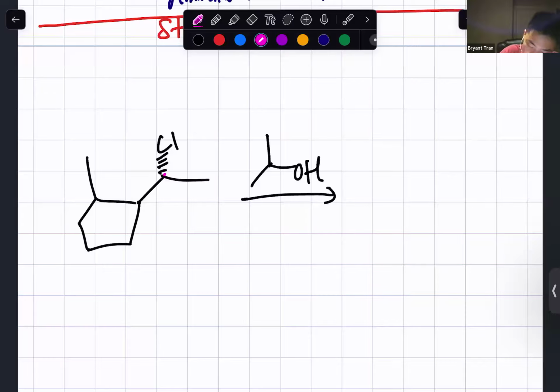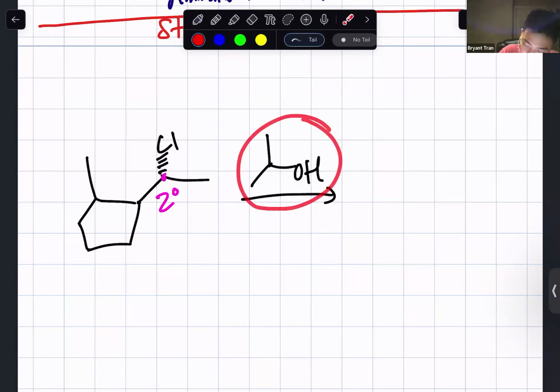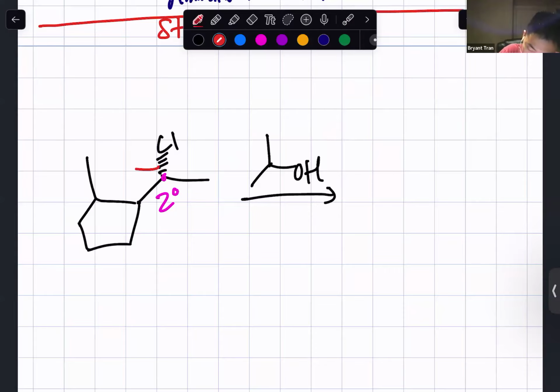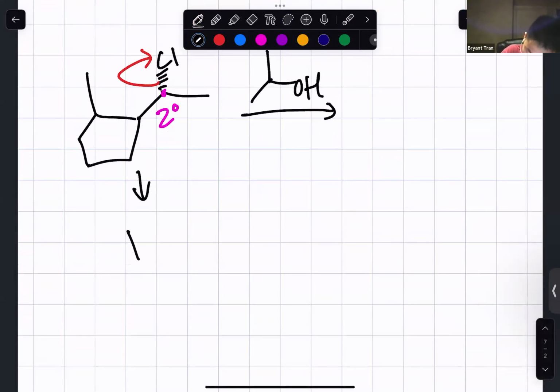Yep, because we have a secondary substrate, which is good to form a carbocation, right? It's not a methyl substrate. It's not a primary substrate. If it was a methyl or a primary substrate, then it would not work, right? Unless it's a primary hindered substrate, which we'll go over after. We have a protic solvent, which is a weak base, weak nucleophile. The first step is to kick out the good leaving group to form a carbocation intermediate.